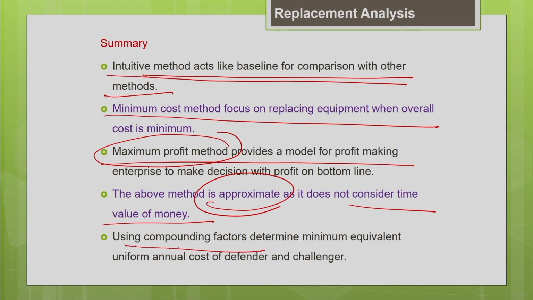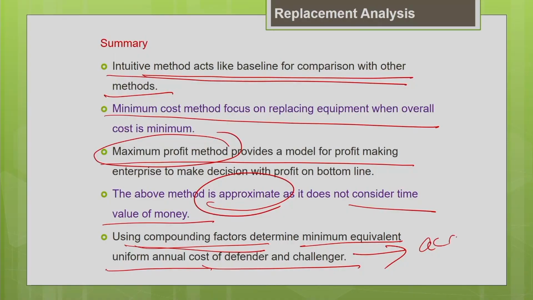Using compounding factors, we will determine the minimum equivalent uniform annual cost of the defender and challenger, make the comparison and do the replacement analysis. That will give you an accurate estimate, more accurate than the previous methods we have discussed so far. In the next lecture we are going to discuss replacement analysis using the time value concept.